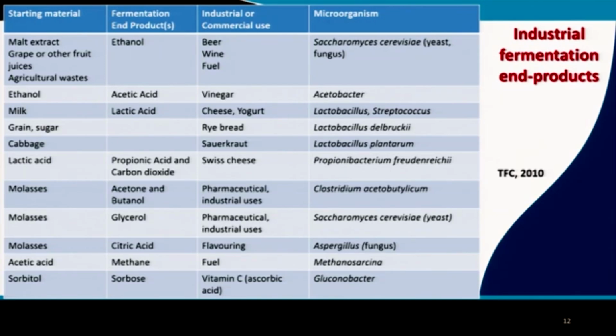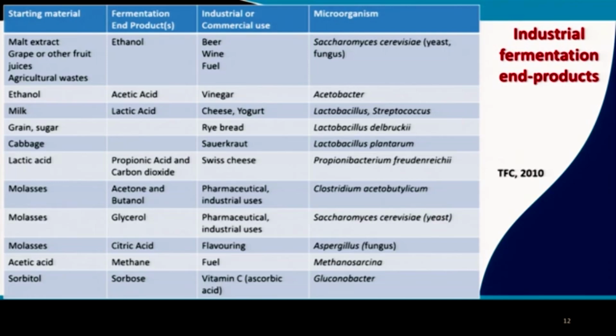Molasses, which comes from sugarcane, can be converted to acetone and butanol. These are both pharmaceutical as well as industrial applications. The microorganism responsible is Clostridium acetobutylicum, and molasses can be converted to glycerol.